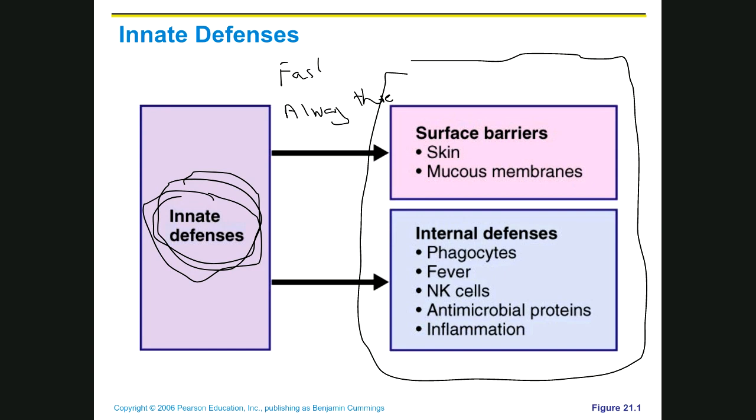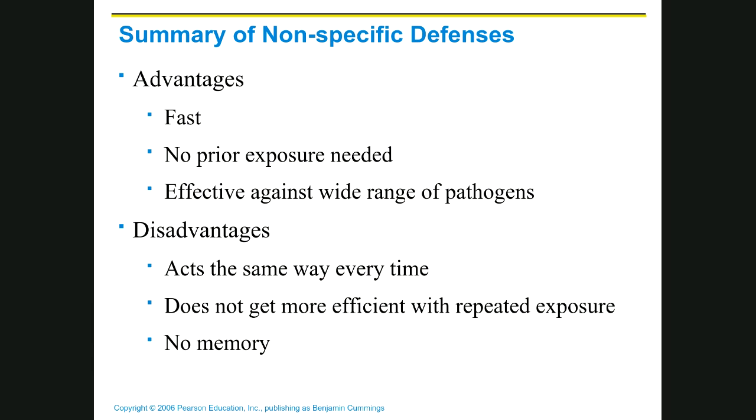Your skin works whether it's ever seen a bacterium or not. These work. But remember, there are these big disadvantages. And the biggest disadvantage is there's no memory. No memory. So we have advantages and we have disadvantages.